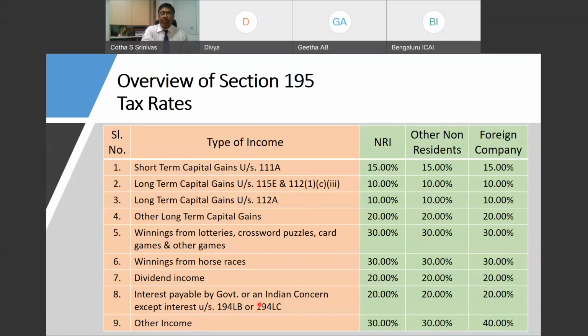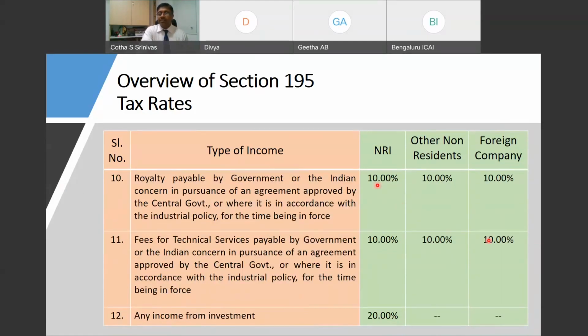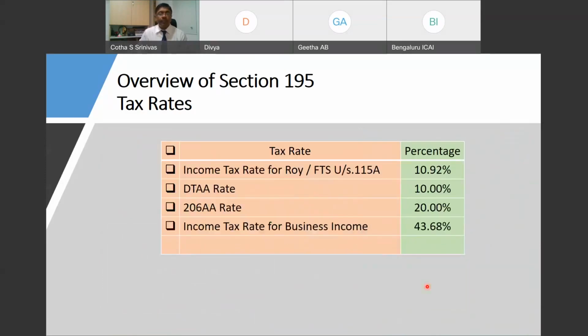Interest payable by government or Indian concern is 20%. Other income, in case of non-resident individuals and other non-residents, 30%. For foreign companies, it is 40%. Then the main thing, that is royalty and fees for technical services, it is 10% in all the cases. Any income from investment with respect to a non-resident individual is 20%.